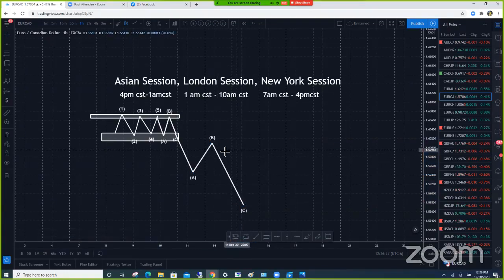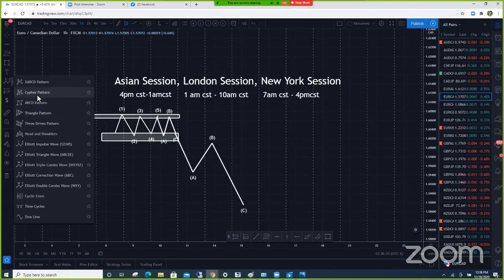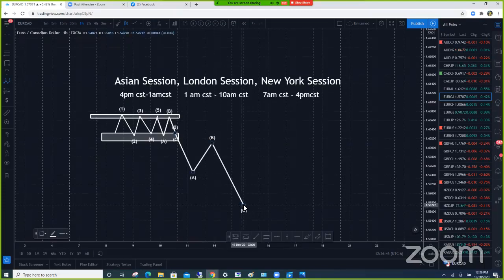Then for the New York session, New York is going to either continue the trend that London set or reverse from it. So the New York session is like the session where the market chooses which direction it's going to continue going, or if it's going to flip.